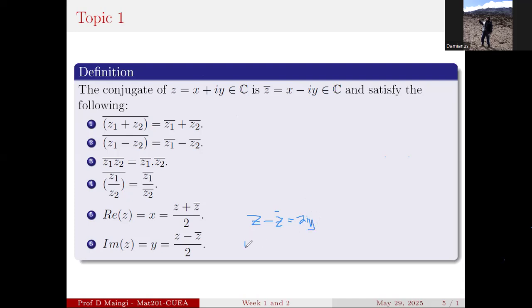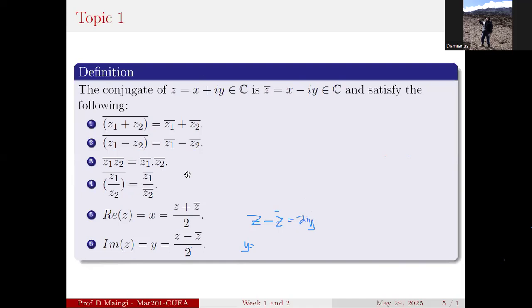So what is Y? It will be (Z minus Z-bar) divided by 2i. So here there should be an i, in other words. Okay, so that's that.